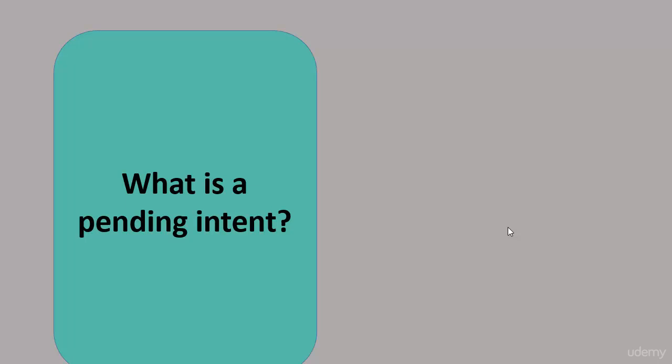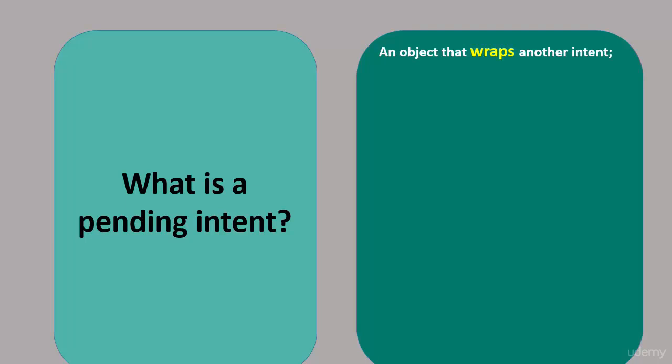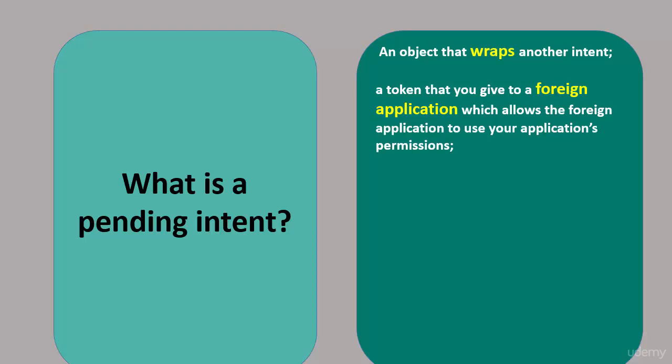What is a pending intent? A pending intent is an object that wraps another intent. It can also be described as a token that you give to a foreign application, and this token allows the other application to use your application's permissions.